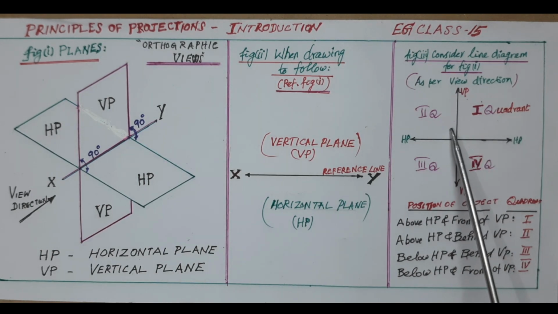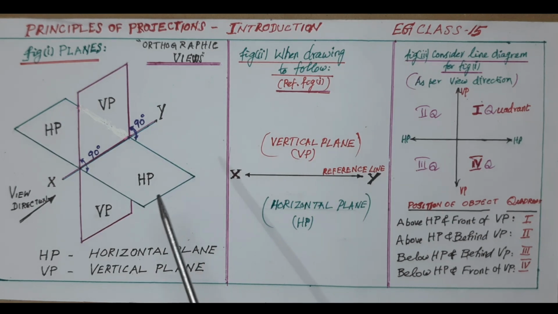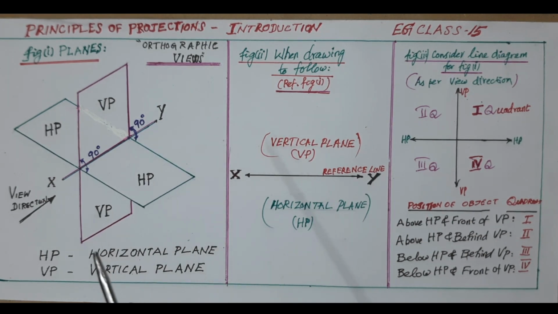This is required because of the position of the object, where we are keeping the object and where we are viewing, and while it is viewed, in which quadrant it comes is the requirement. Suppose an object is kept above HP and in front of VP, in that case that object will have the first quadrant for analysis.